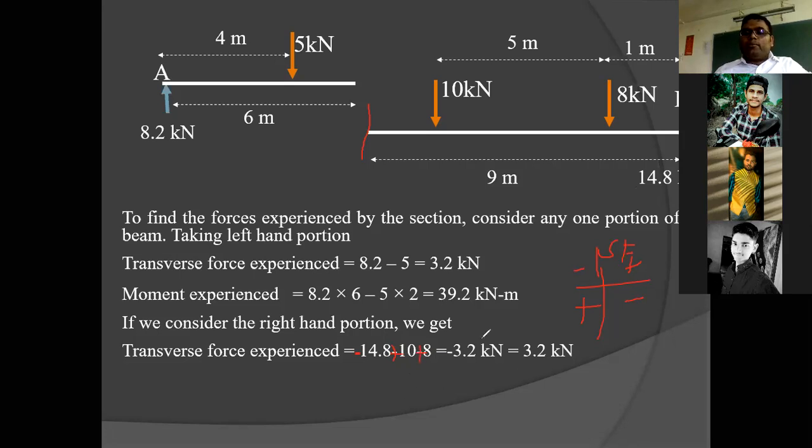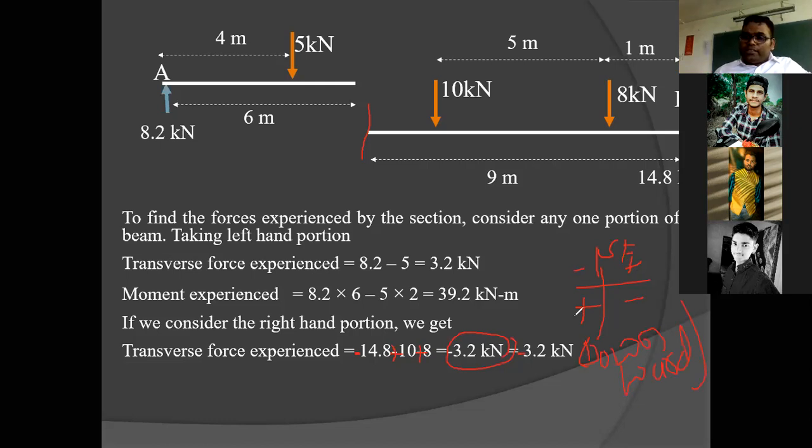So if you solve this, you will get the value 3.2. 3.2 minus means downward. Okay, I think you understood? Simply, I followed this sign convention.